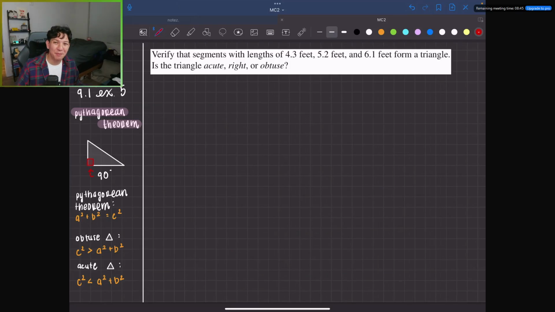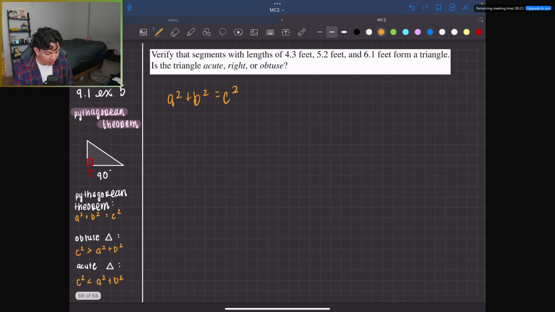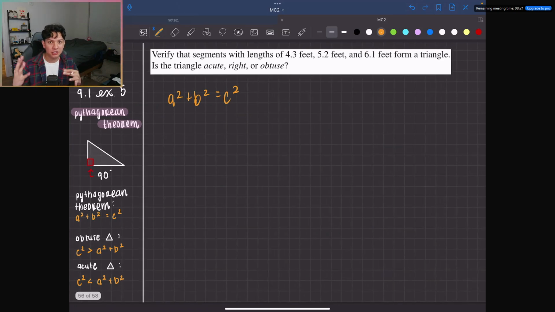Okay, in our last example for this section, we're going to find out if given side lengths will give us three types of triangles: an acute triangle, a right triangle, or an obtuse triangle. The thing you need to know is the Pythagorean theorem. That's all you really need to know here. We have a right triangle if a squared plus b squared equals c squared.